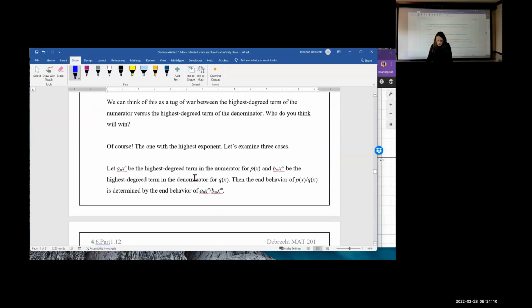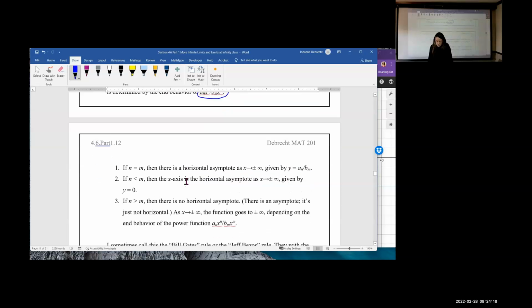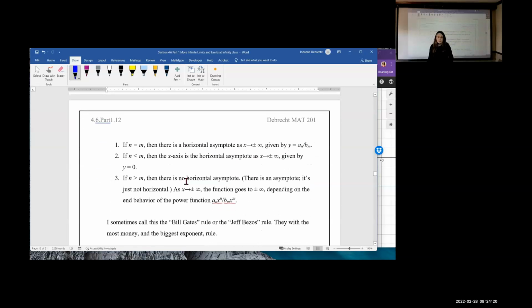So it's the highest degree term, the one with the highest exponent, that affects what the graph does. So we need to identify which one is the highest degree. And then we're going to examine the comparison of the degree of the polynomial in the numerator with the degree of the polynomial in the denominator.